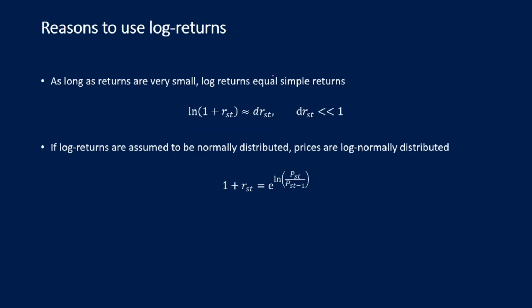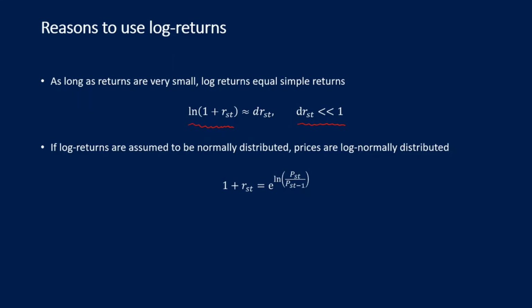This is true as long as these returns are very small. So the logarithm of 1 plus the daily simple return equals the log return as long as the daily simple return is very, very small, so far below 1.